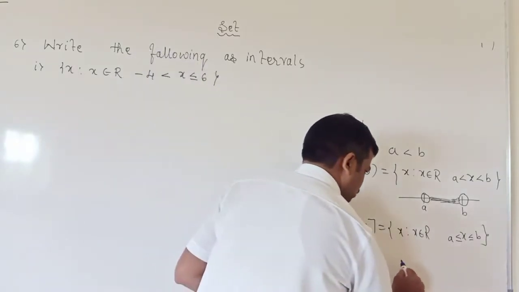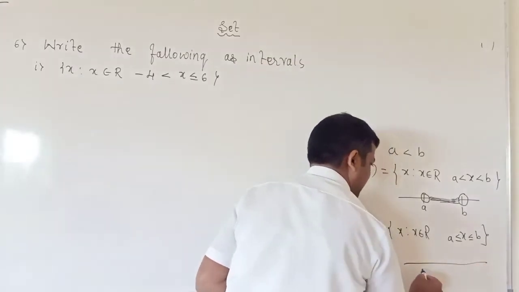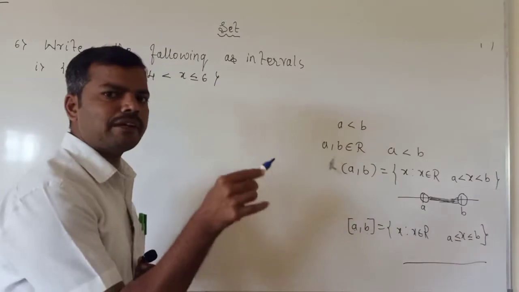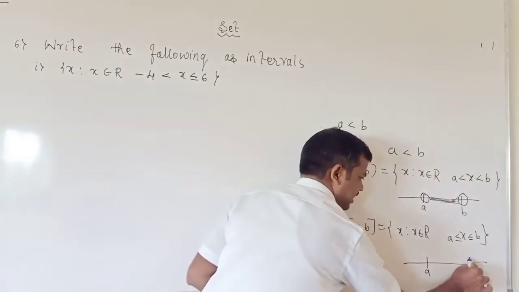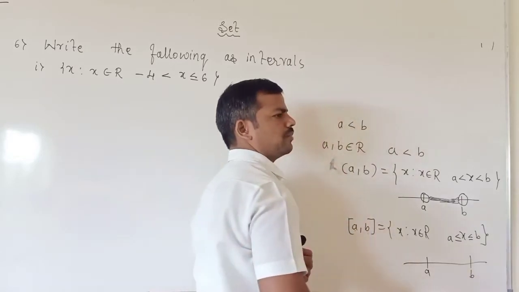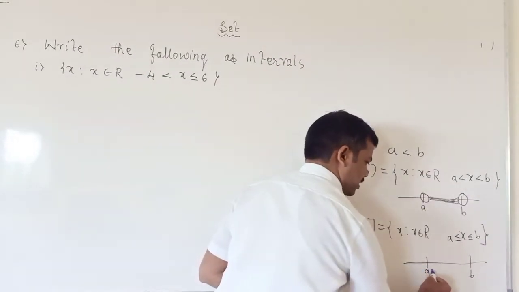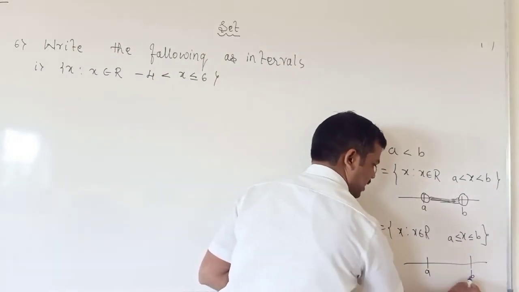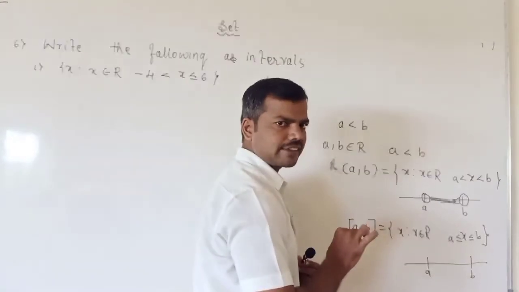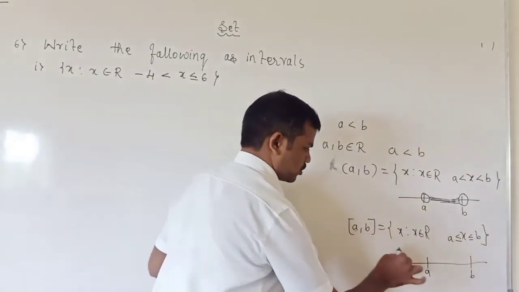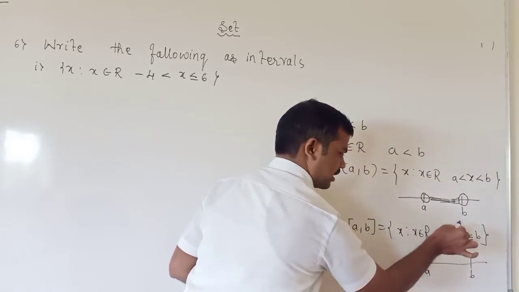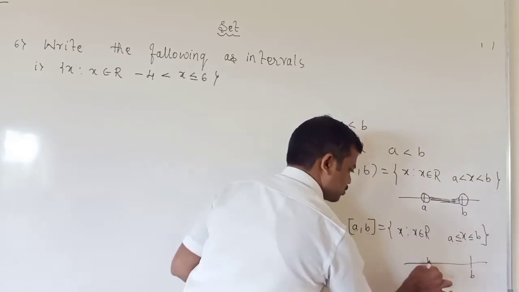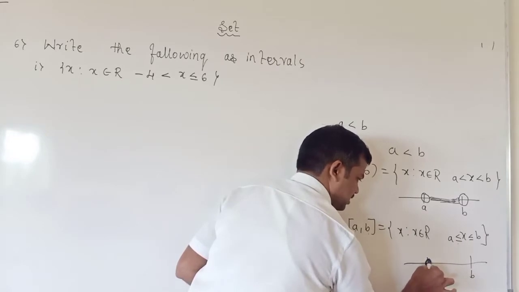Next, how do we represent that diagrammatically? Suppose here we have a number line with the two numbers a and b. We have to collect all the real numbers between a and b. Since a is included, equal to is there, we have to darken that circle.